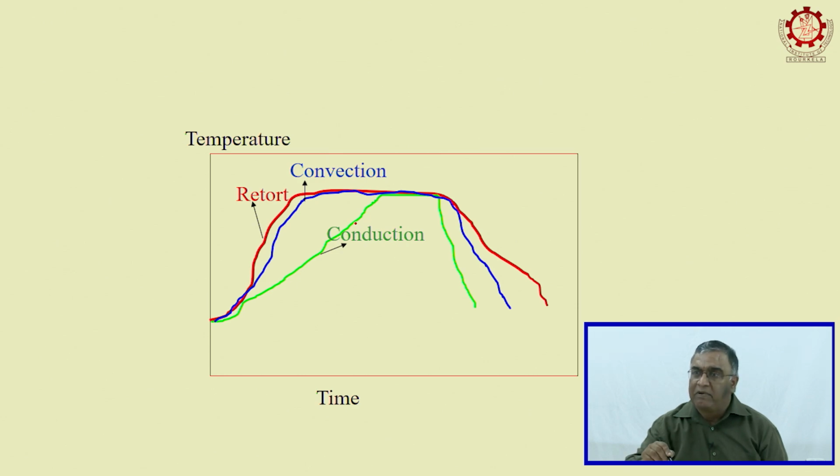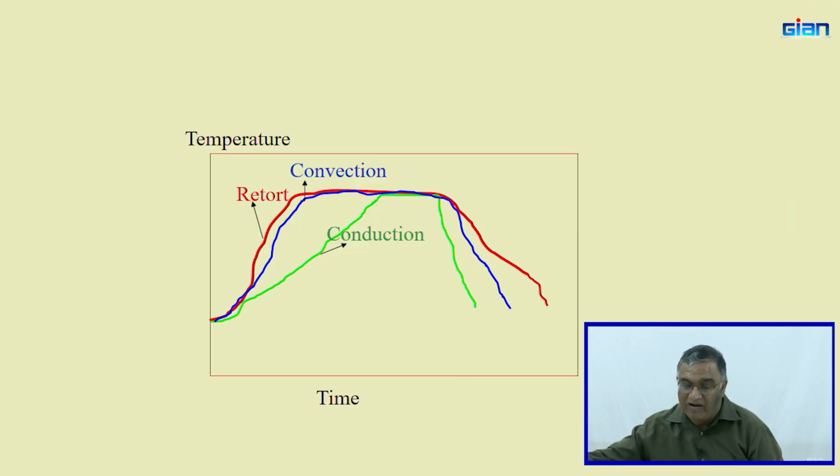So, the come up time is going to be slow. You are going to have this longer come up time, and then you are going to have this cooling down. So, you have to accommodate these temperature curves in your mathematical calculations to get your total processing time.